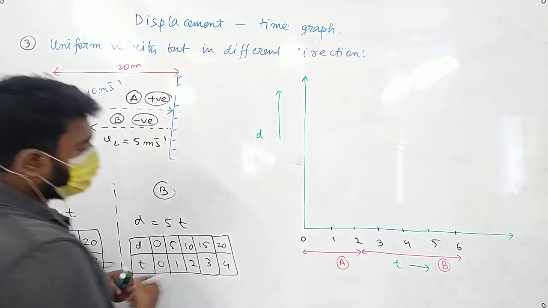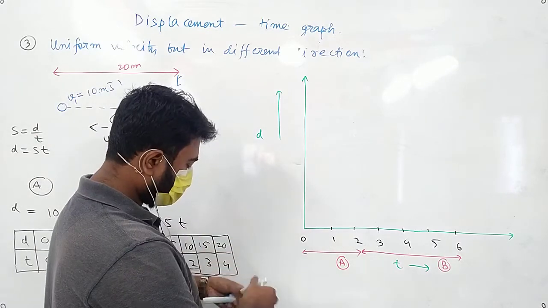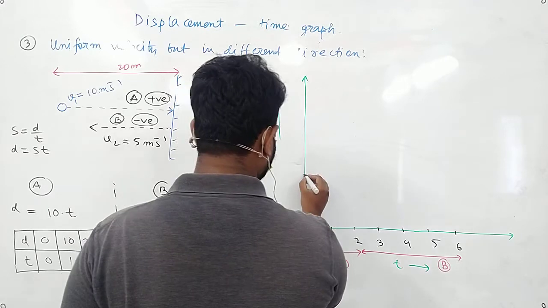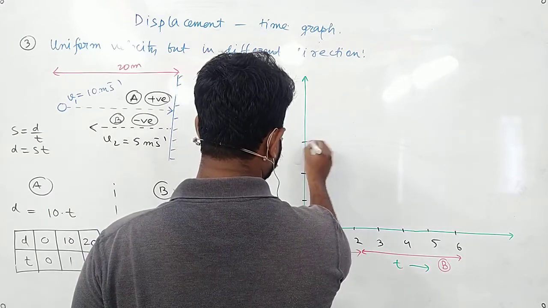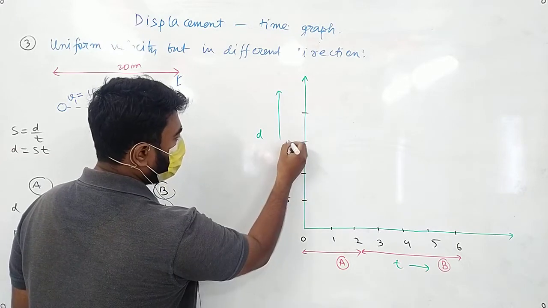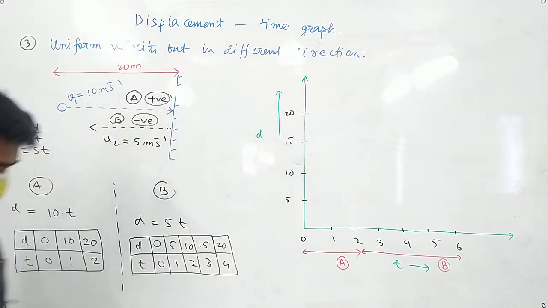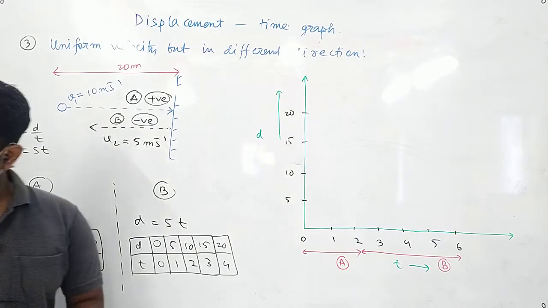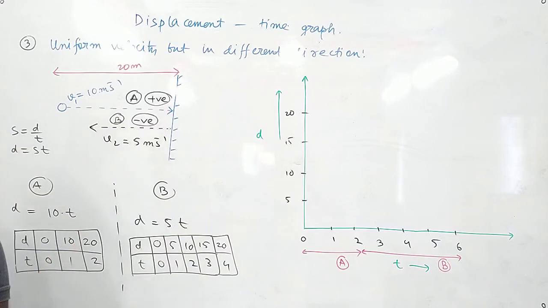So 20, that is 0, 5, 10, 15, 20. Okay, tell me. When it is 0, this one is 0. I am plotting the A part with blue pen. I plot the B part with red pen.